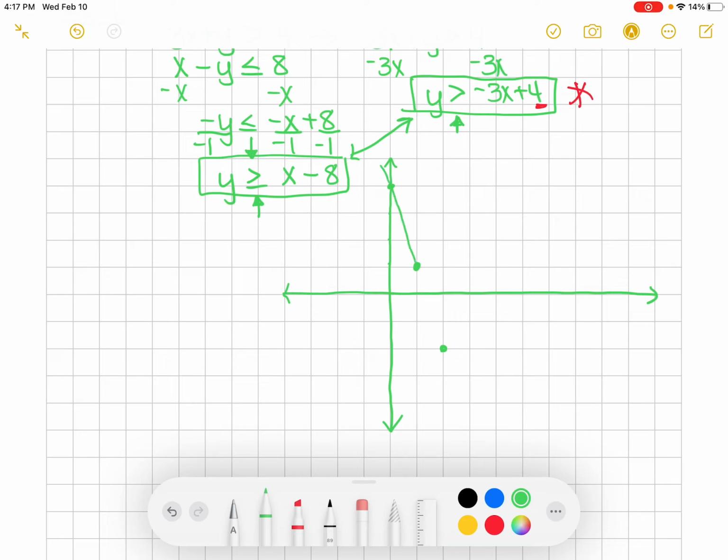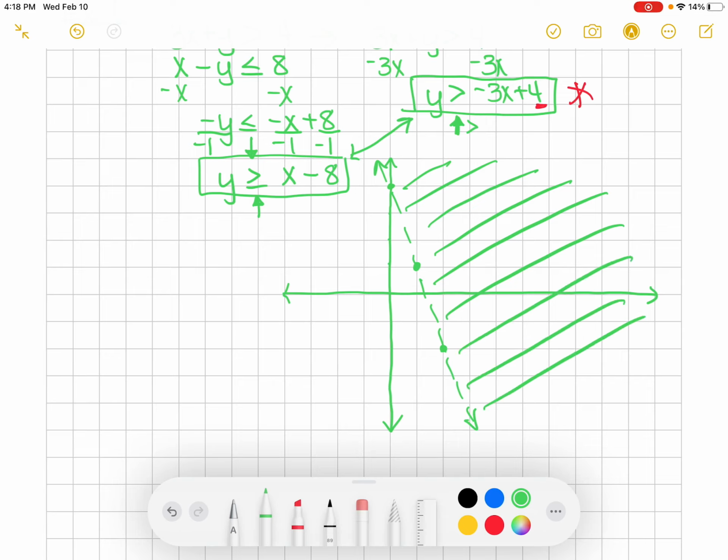Oops, I started doing it with a solid line without looking at my inequality sign. I have a greater than, so that means it's going to be a dashed line. Oh, I should have gotten my ruler out because that's a super crooked line. Make sure that you're using your ruler. And this says greater than, so I'm going to shade this way because that's above the line.